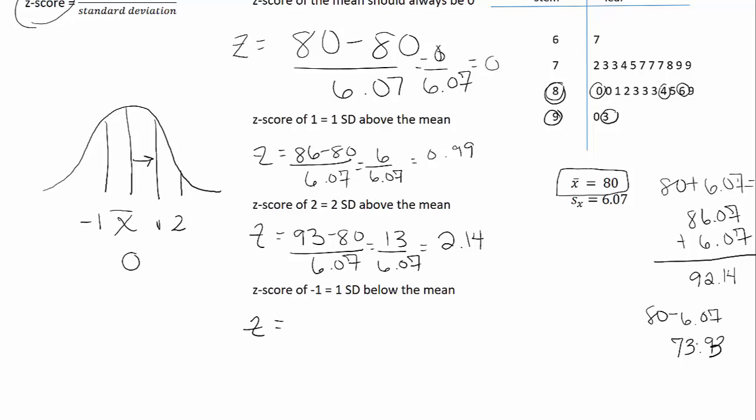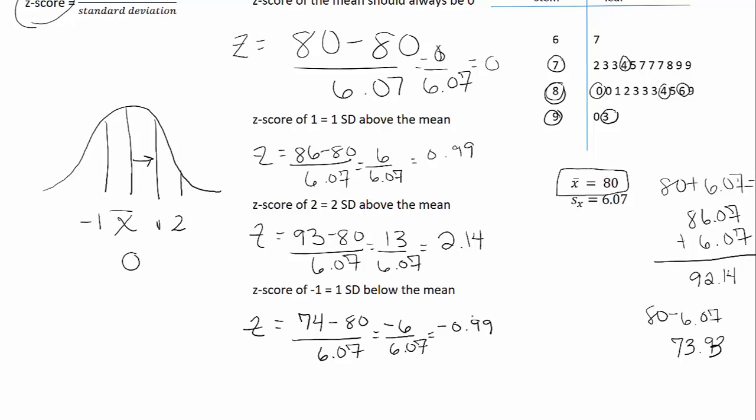So I'm looking for an observation around 74, and I think I have that. If I do the z-score for this observation, 74 take away the mean, divided by the standard deviation, I'm going to get -6 over 6.07, which works out to -0.99. That's about 1 standard deviation below the mean, and you get about a -1 for its z-score.